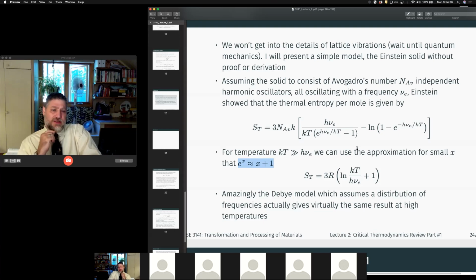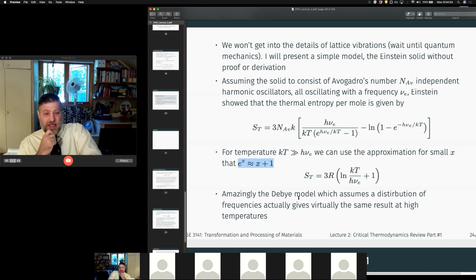But if we substitute that in and do some evaluation, we get a much simpler form where the entropy is going to be this natural log of kT here with the 3 times the gas constant out front.